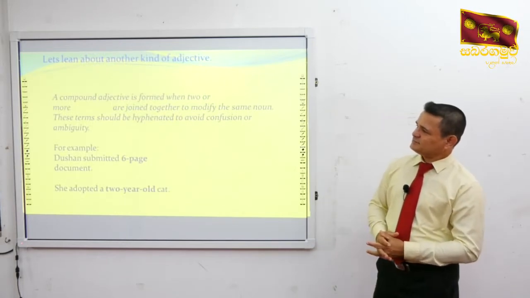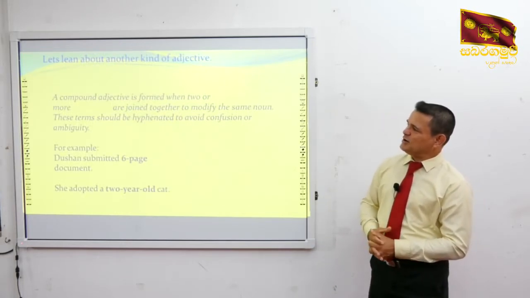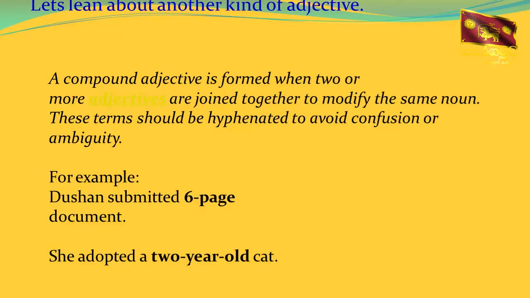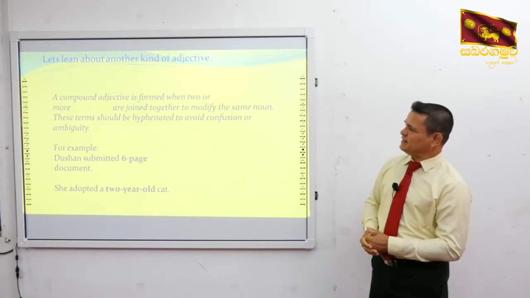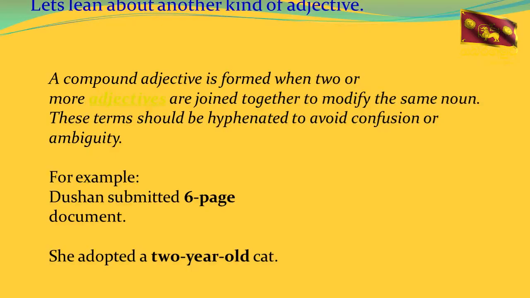And a compound adjective is formed when 2 or more words are joined together to modify the same noun. Something more about adjectives, compound adjectives, right? These terms should be hyphenated to avoid confusion or ambiguity.